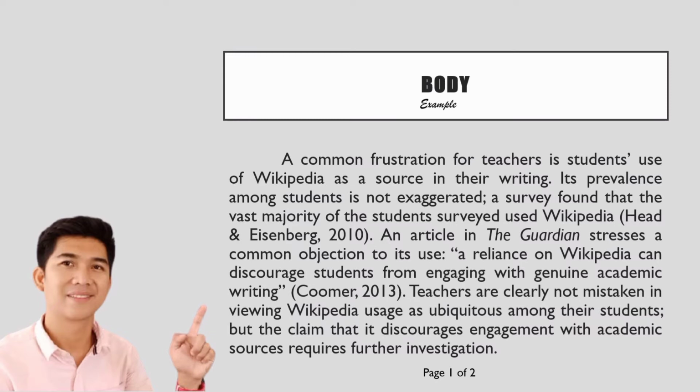A reliance on Wikipedia can discourage students from engaging with genuine academic writing (Coomer, 2013). Teachers are clearly not mistaken in viewing Wikipedia usage as ubiquitous among their students, but the claim that it discourages engagement with academic sources requires further investigation.